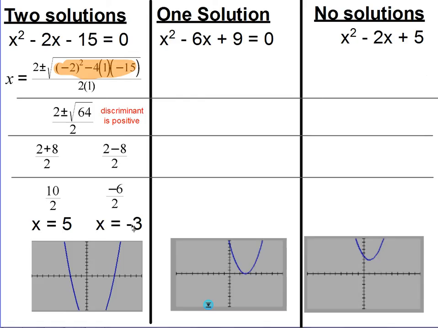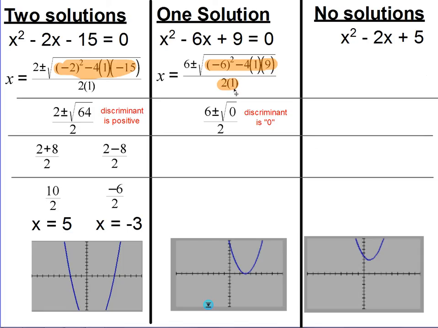And I'm bringing back the graph to connect back to things that we've done in more recent chapters. If you look at the graph, the parabola crosses the x-axis at negative 3 and 5. So the solutions in the graph are the same as the solutions you get algebraically, which makes sense, right? All right, one solution. Sub everything in, and then look at the discriminant, and multiply 2 times 1 as well.